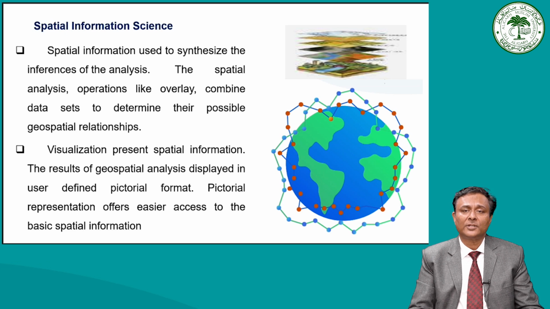Thirdly, spatial information is used to synthesize the inferences of the analysis, the spatial analysis, like overlay, which can combine several data sets regarding the same area to determine their possible geospatial relationships. The result of the overlay operation could, when necessary, be used to adapt the plans.